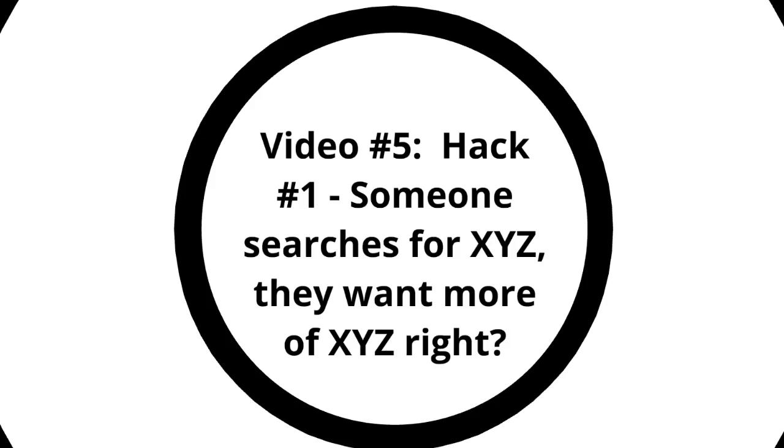They search for XYZ, they want more of XYZ. So how can you make it easier for them to find that information, such as related posts? What kind of plugins can you use to help with that? Because we've tested things out over the years, we figured out which plugins work best in these cases.